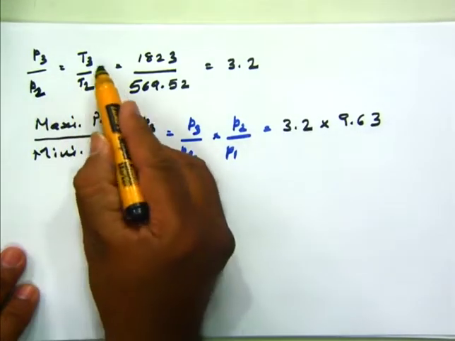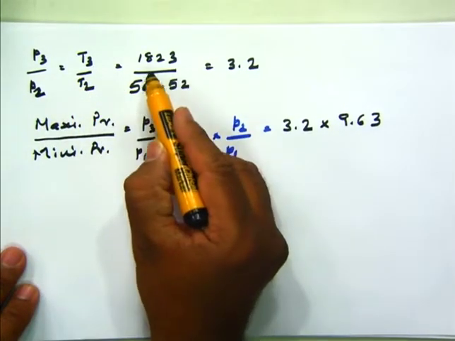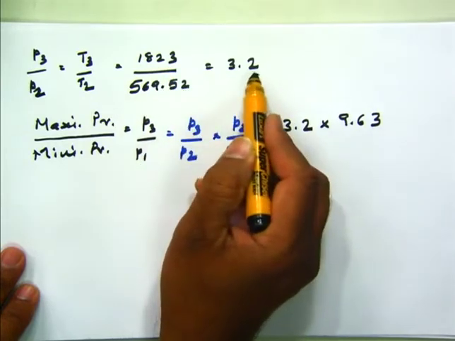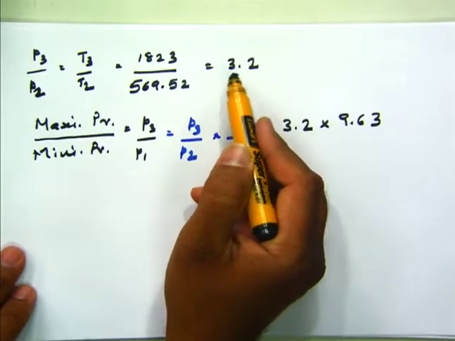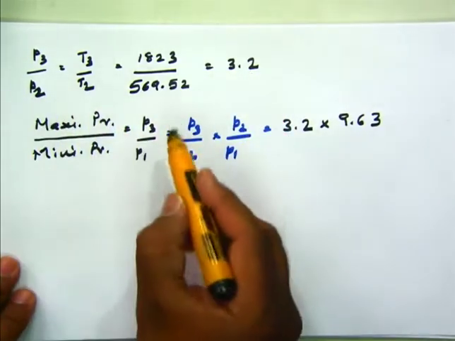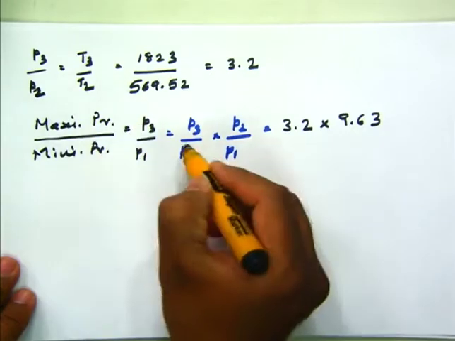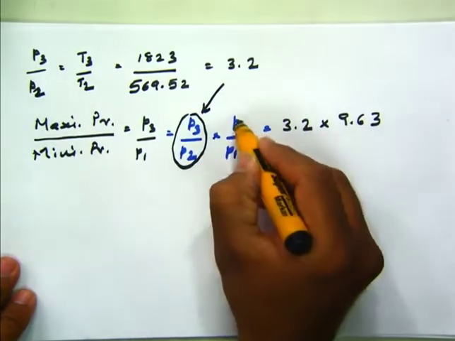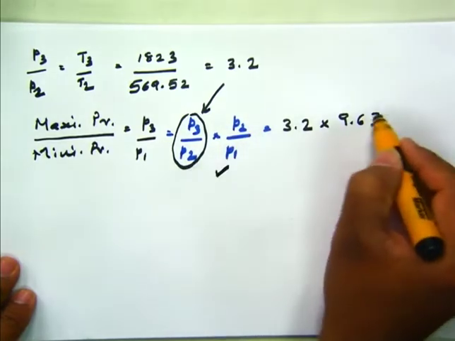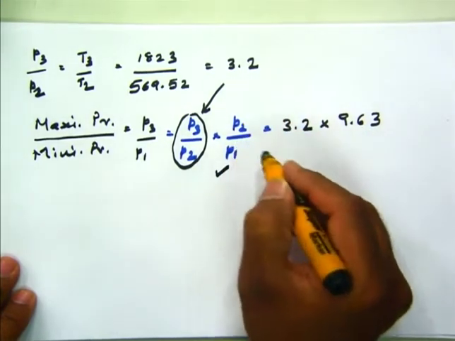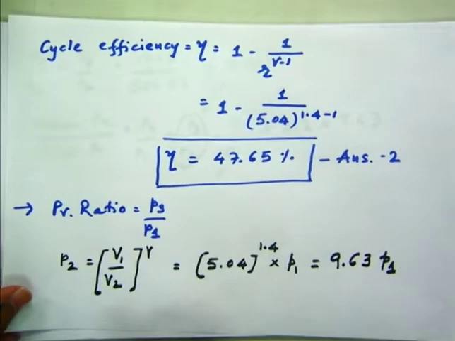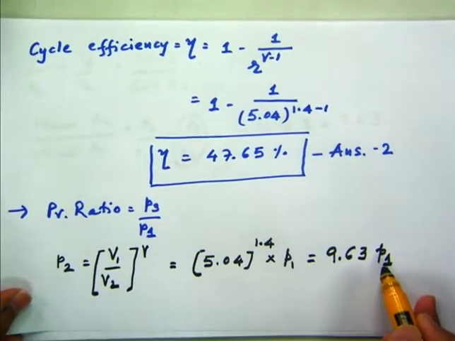P3 upon P2 is equal to T3 upon T2 is equal to 1823 upon 569.52 is equal to 3.2. So P3 upon P2, this value is 3.2. P2 upon P1 we have already derived earlier, that P2 is equal to 9.63 P1.